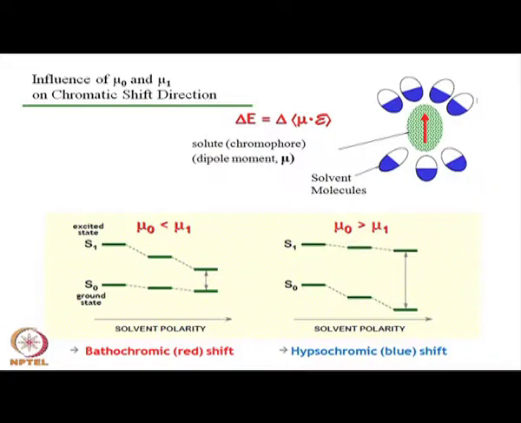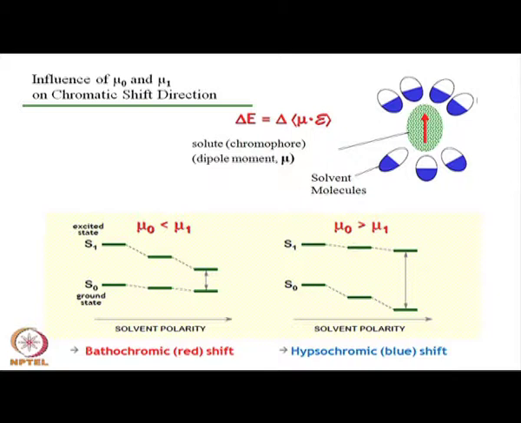Is it true for all the cases where there is photoexcitation? In most of the cases, if it is a dipole driven excitation, an electric dipole induced transition, then you will find that there is a change in dipole moment between the ground and the excited state.